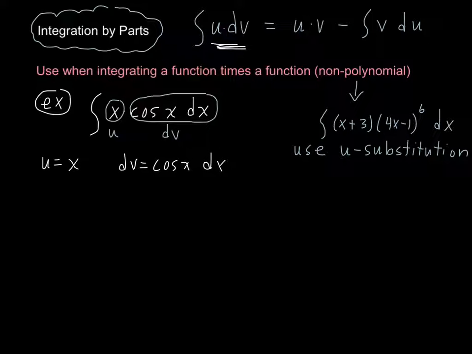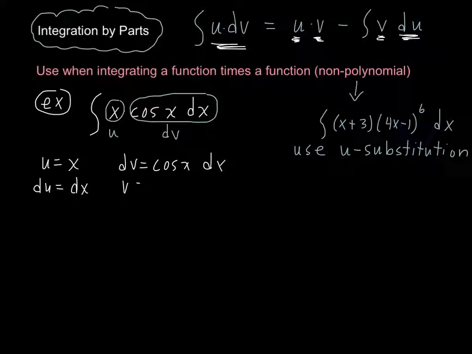Now in our formula, notice we have a u, we have a v, we have another v here, and we have a du. Okay, so we see a du, so that means I need to find out what du is. Well, if u is equal to x, du would be equal to 1 times dx, because the derivative of x is just 1. So we say that du is equal to dx. So to go from u to du, we have to do a derivative.